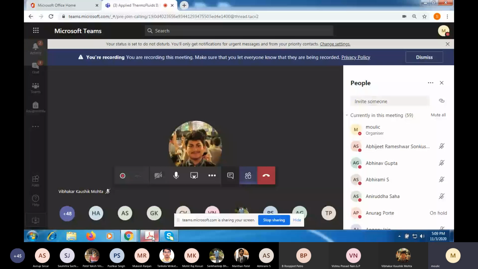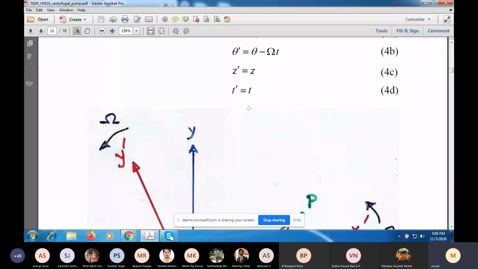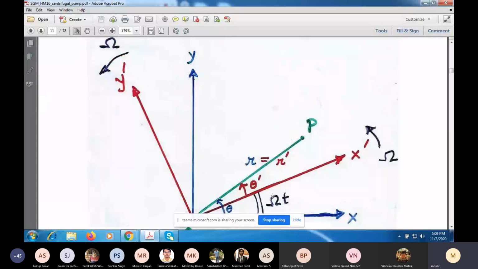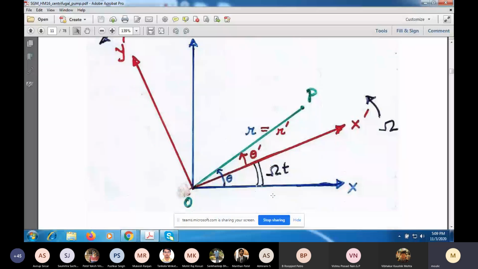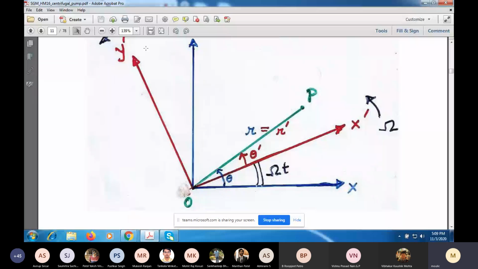Now we'll look at the transformation which we considered last time. We will consider a rotating coordinate system. The rotation is about the z-axis, and we have in this plane the axes OX and OY, which are the fixed axes, and the rotating axes OX prime, OY prime.